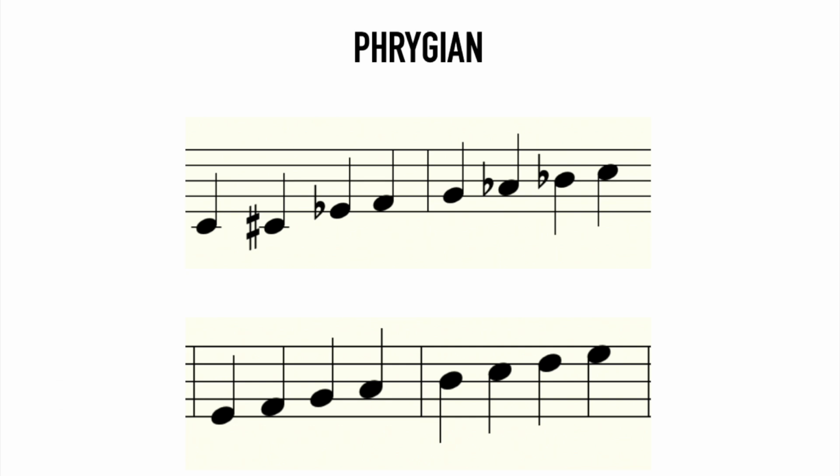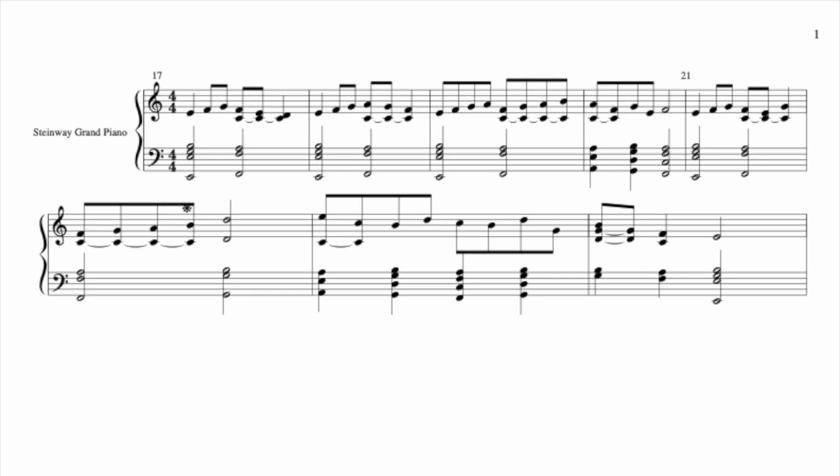Let's put it in a song. People often describe this as very dark, but also mysterious, perhaps from somewhere far off, and that's because Middle Eastern and Andalusian music use something very similar. In fact, Andalusian music uses something called Phrygian dominant often, which is very closely related.